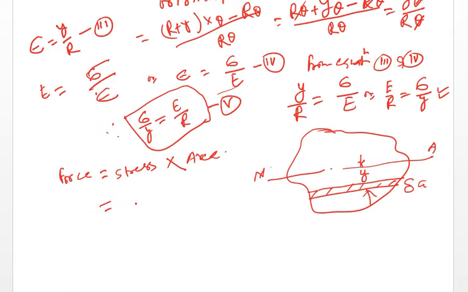Suppose stress is sigma, and area is delta A. So we can put the value of this stress from equation number 5, that is y upon R into E into delta A.